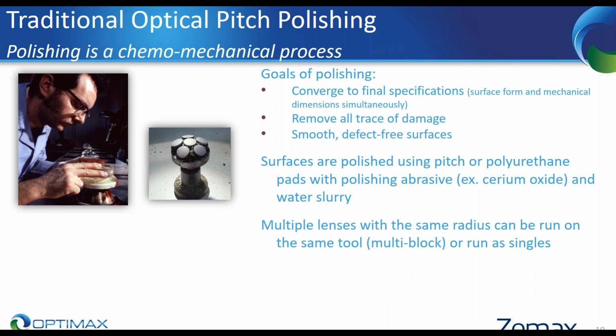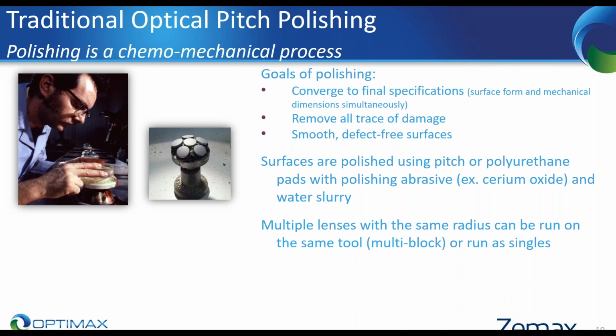As I mentioned earlier, you need to converge when you're removing material, and that slow movement helps the polishing tool recondition itself in process to make that final surface shape. The slurry that's used to remove material is an abrasive slurry, typically cerium oxide with water.